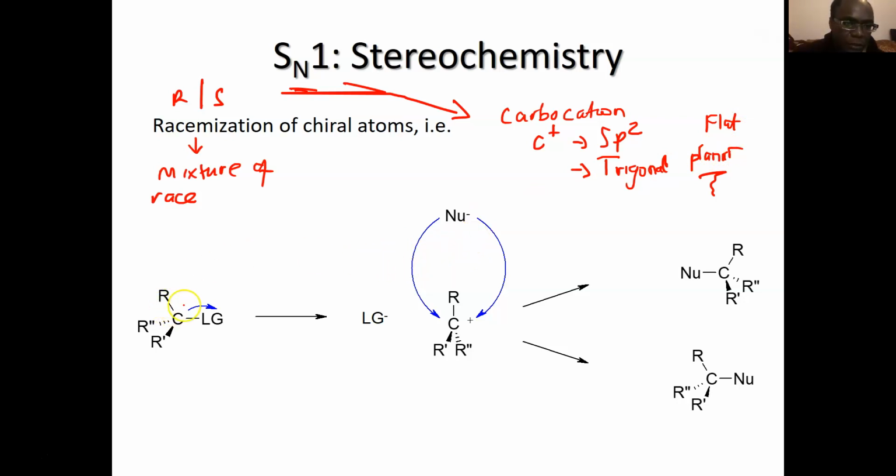Suppose you have a tertiary carbon, because we said a tertiary carbon will not do SN2. For example, let's say you have 3 methyls and a bromine. This carbon here is tertiary because it's bonded to 3 other carbons. So the nucleophile cannot come to attack.